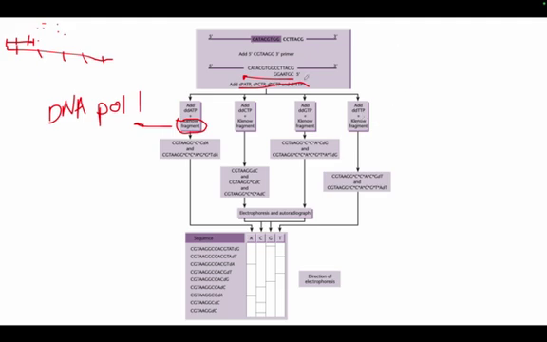Now you can see as this fragment is formed, let us consider this case where we've added ddATP. This is going to be extended in this direction until it reaches one of the adenine residues. And here, randomly in some cases, ddATP will be incorporated instead of dATP.